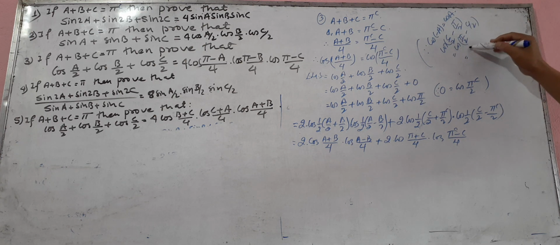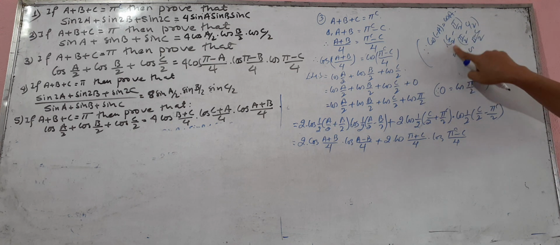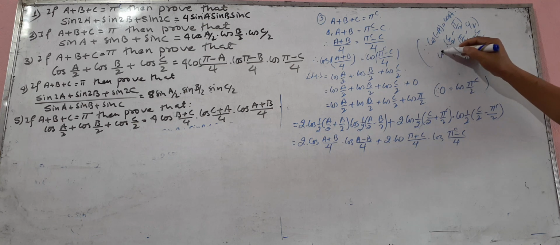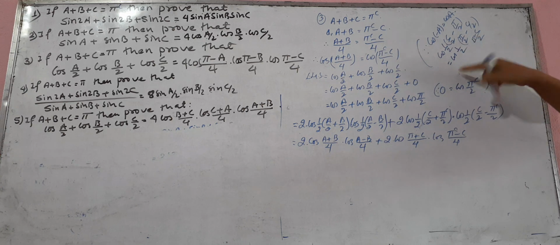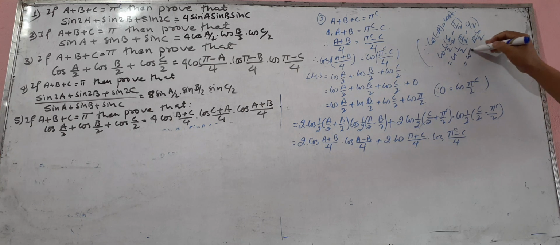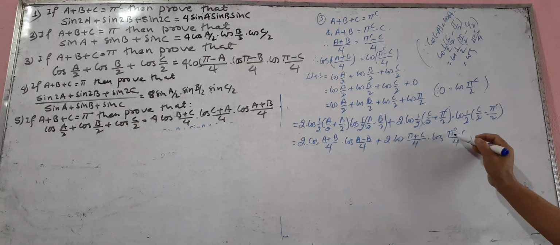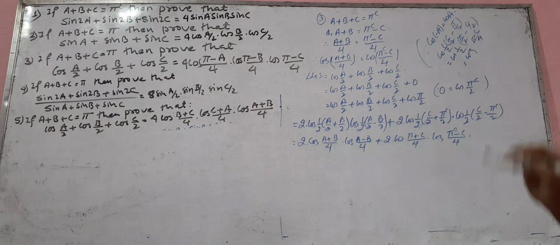So we have this result, and this is equal to pi minus c by 2. So we have further cos 1 by 2, and this is equal to cos of pi minus c by 4.